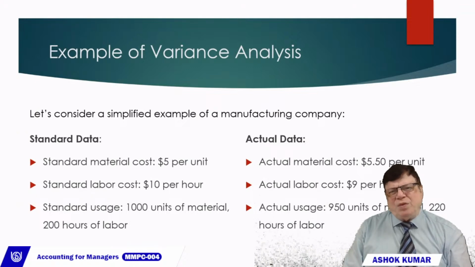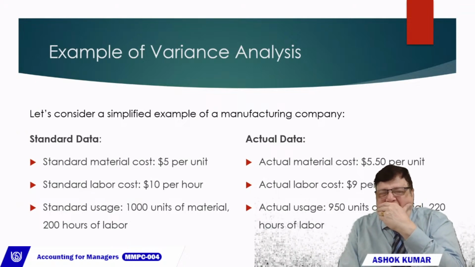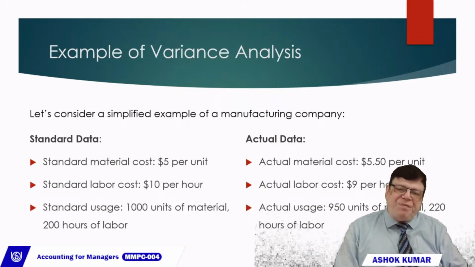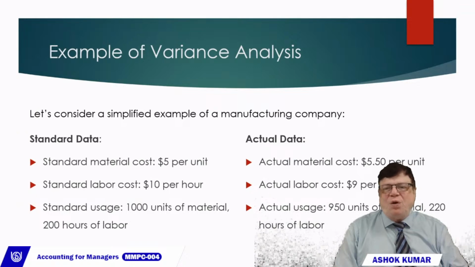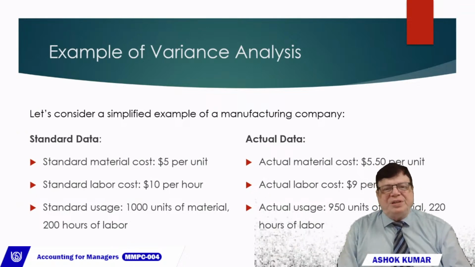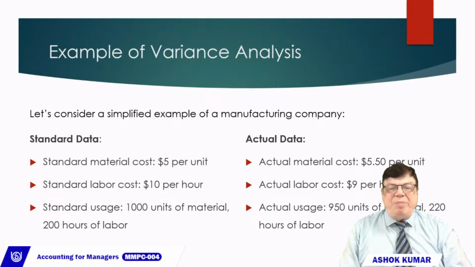But the actual data of the manufacturing company is: actual material cost was $5.5 per unit. The cost increased by $0.5. Actual labor rate was less. It reduced from $10 to $9 per hour.